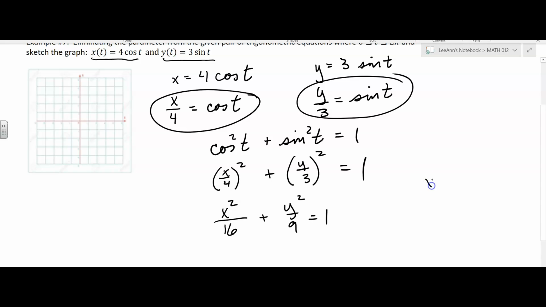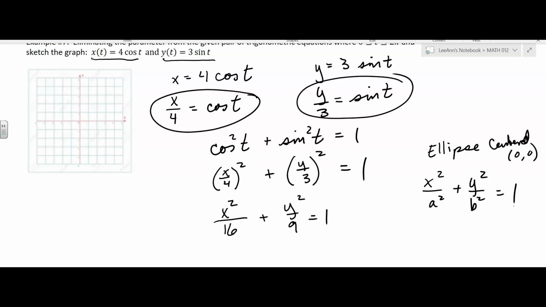So you might remember, a little review on an ellipse centered at the origin. That's x squared over a squared plus y squared over b squared equals 1. So hopefully in some past math class, you talked about conic sections.